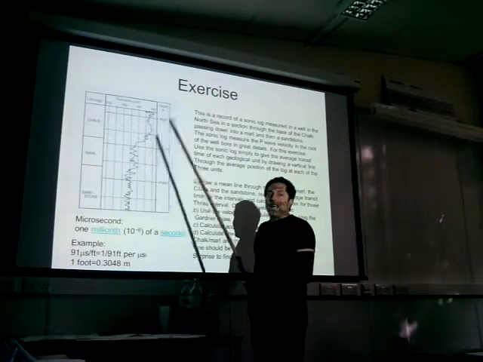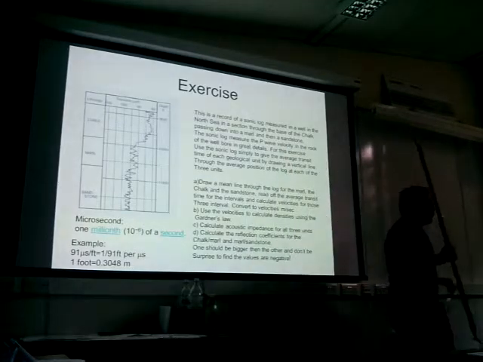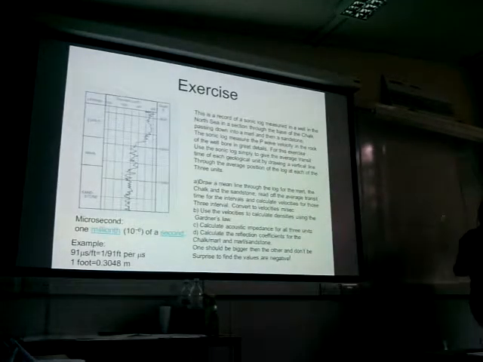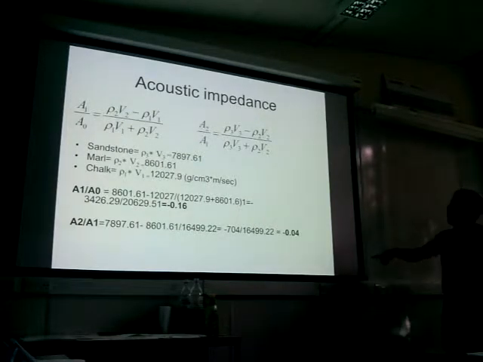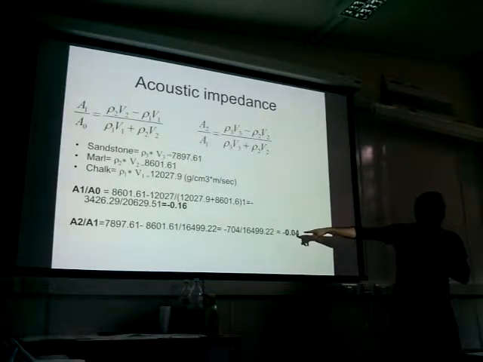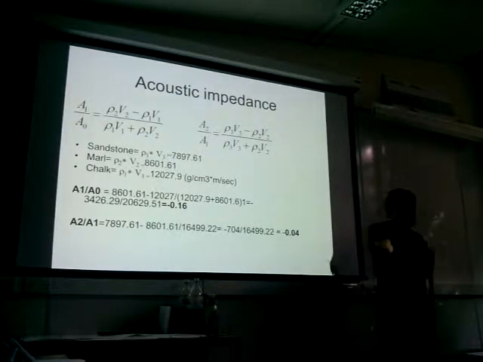Marl-sandstone is a negative reflectivity too, but with a lower amplitude than the one on top. The one on top was minus 0.16, the other one is 0.4. So that one is almost invisible, if you want. That one is going to be the most visible.